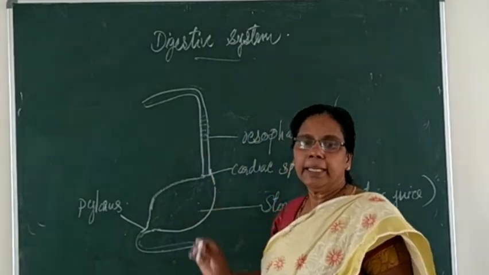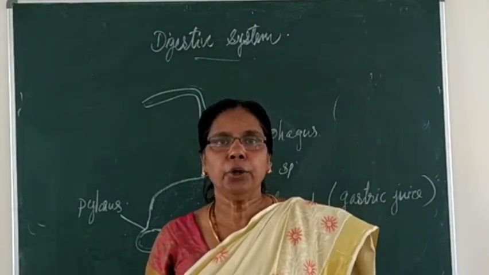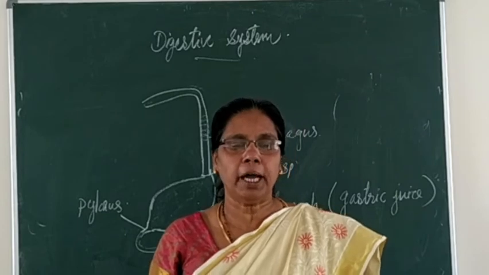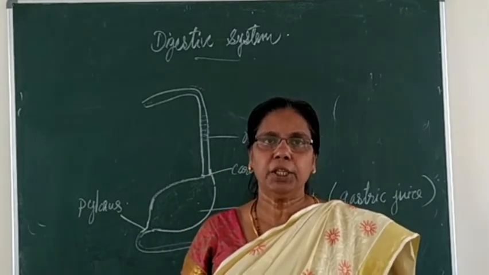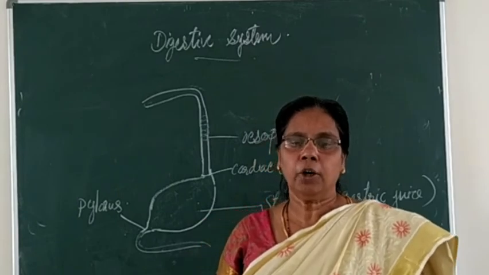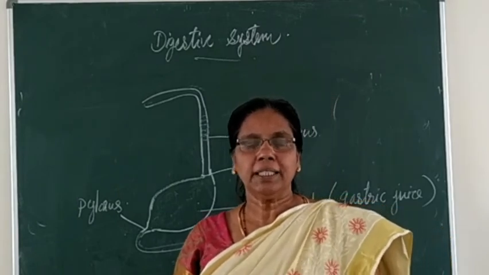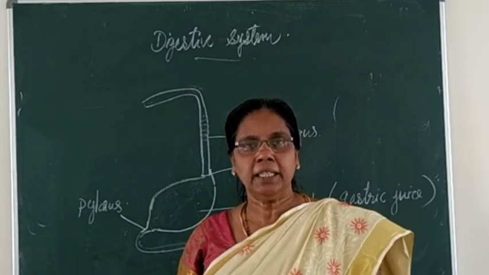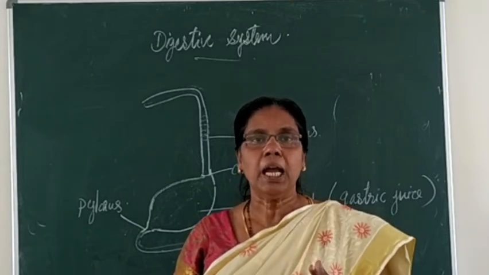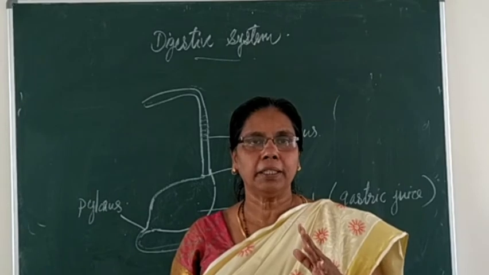Back to the esophagus. During vomiting, actually, what happens? At what time will you be vomiting? When your stomach is overloaded, or if the stomach is upset, we will vomit. At that time what happens?